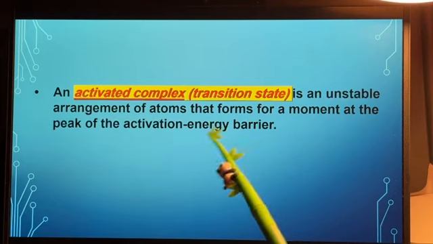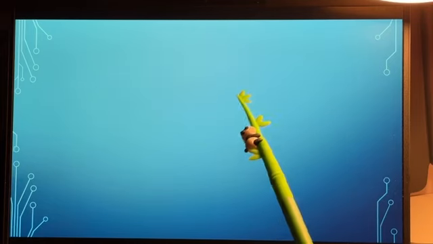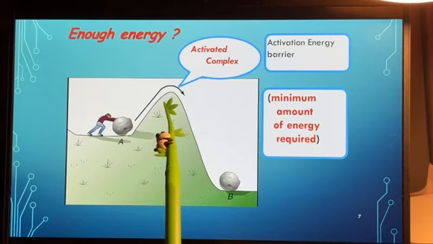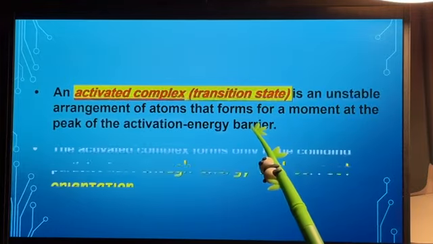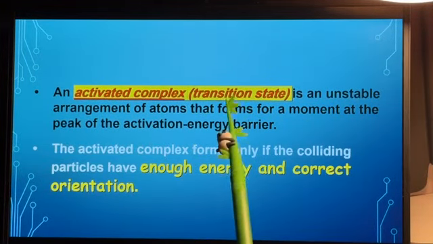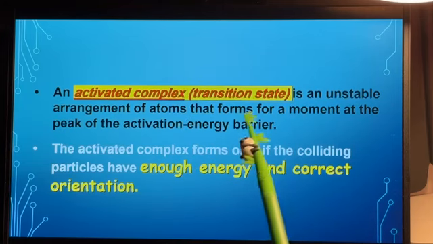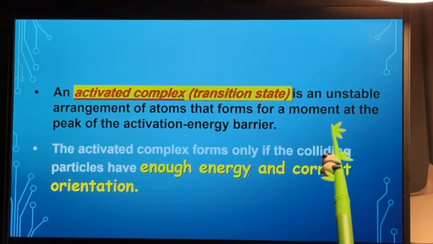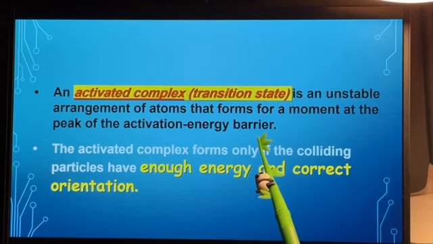Now, what is an activated complex or a transition state? Here is my activated complex on the peak of this mountain. An activated complex or a transition state is an unstable arrangement of atoms that forms for a moment at the peak of the activation energy barrier.